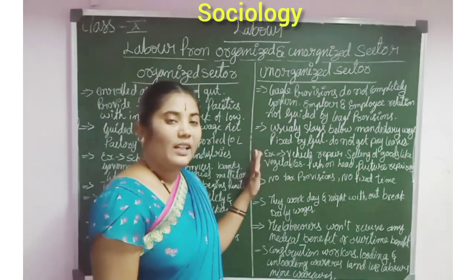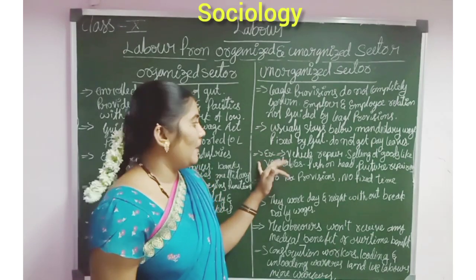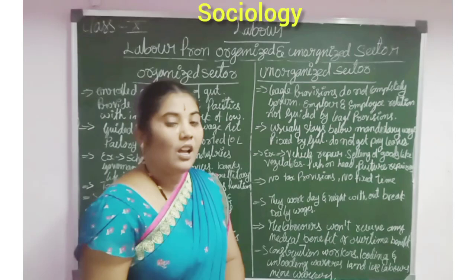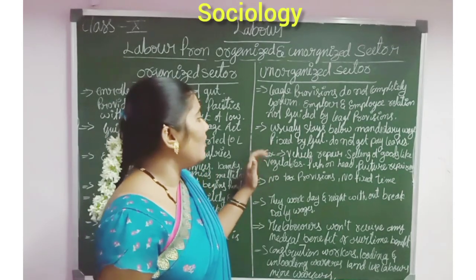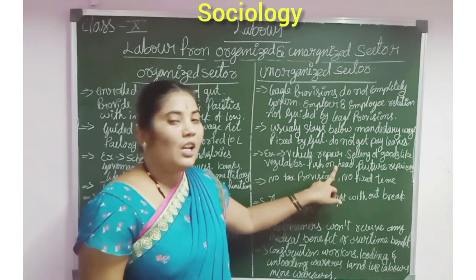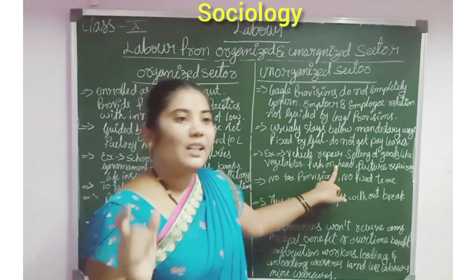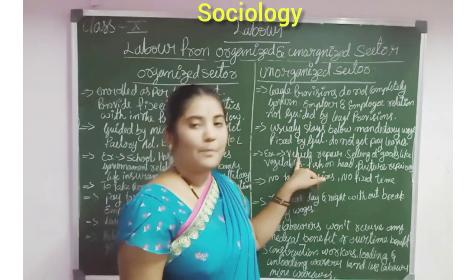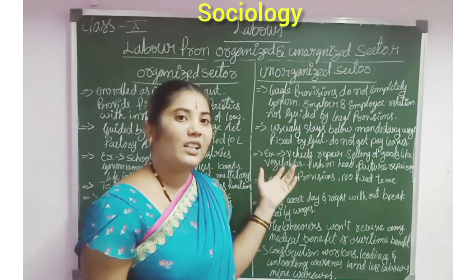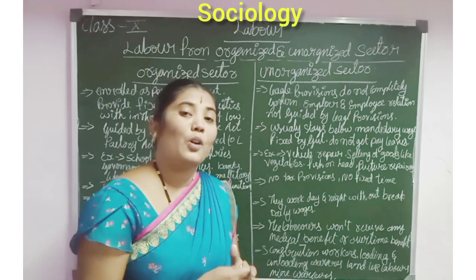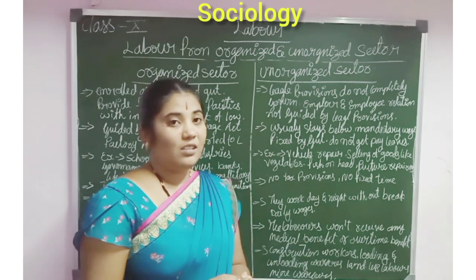Then what are the examples of unorganized sector people? You will get a very clear idea about the unorganized sector by seeing these examples. Vehicle repair people: are they getting the minimum wage? No. We give money only for how much repair they do. They are not getting a salary or the minimum wage, and they are not bound by any laws and orders.